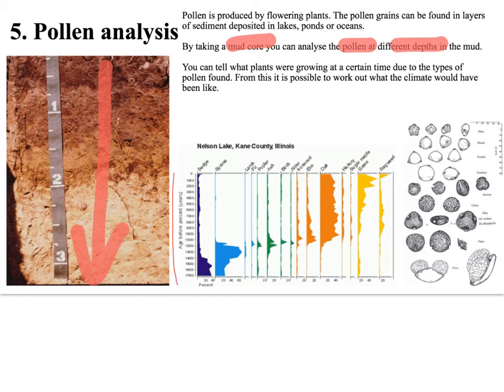This goes down and shows data for the last 17,000 years. Now certain plants grow in certain conditions. So if we can start to map the amount of pollen of different species at different depths, we can tell what the climate must have been like for that plant to be growing at that particular time.